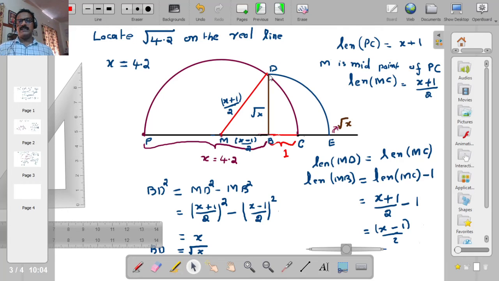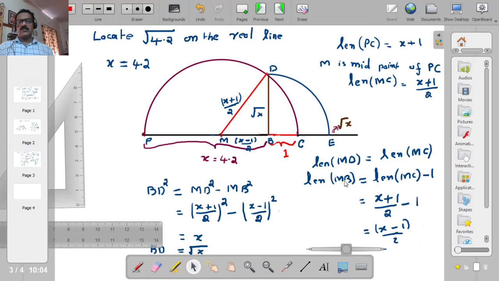So we will be finding the length of MB. We have a right angled triangle with the right angle at B. This right angled triangle is MBD.